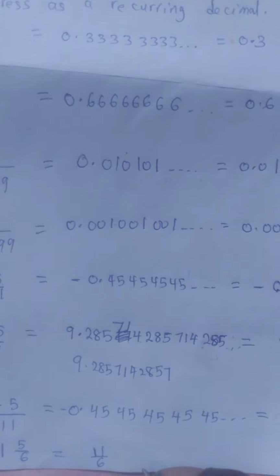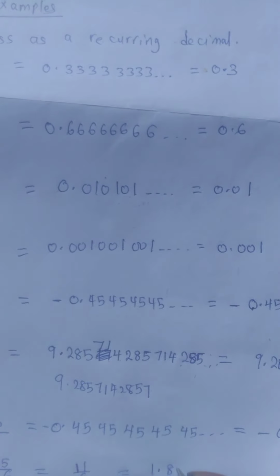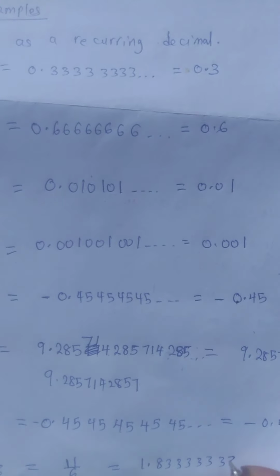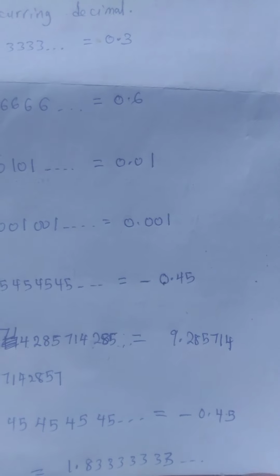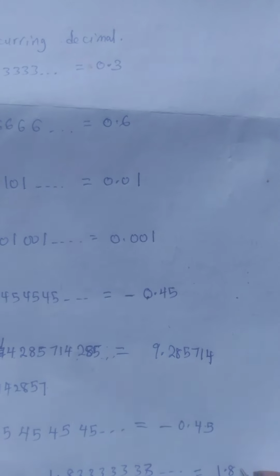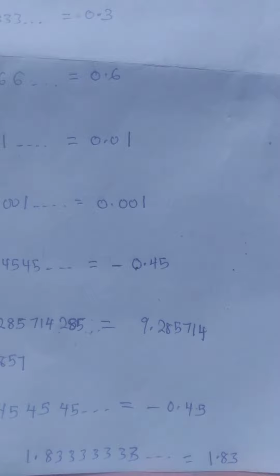Okay, so 11 divided by 6, you have 1.83333333, and the 3 continues to repeat itself. So we can just say our final answer will be 1.83. Instead of writing 33, you can just say 1.83.